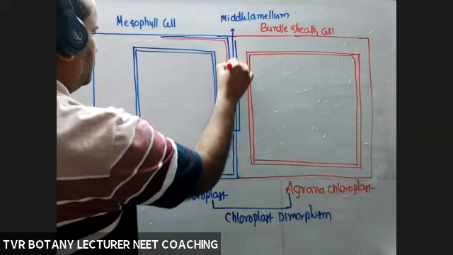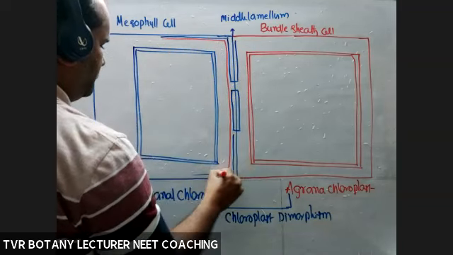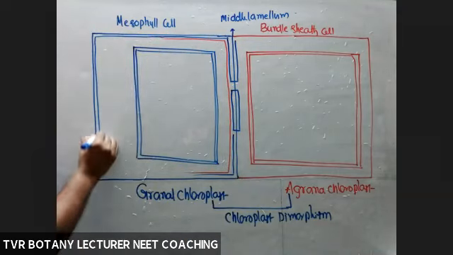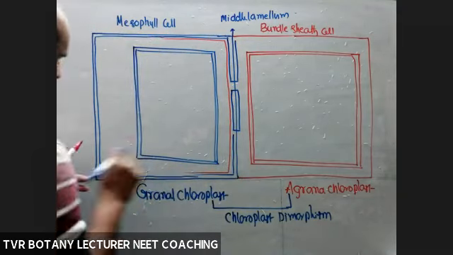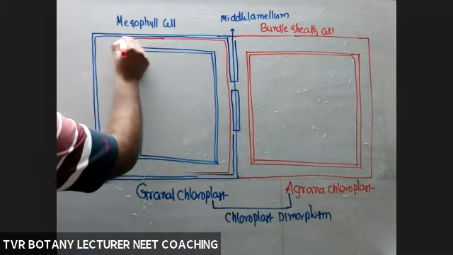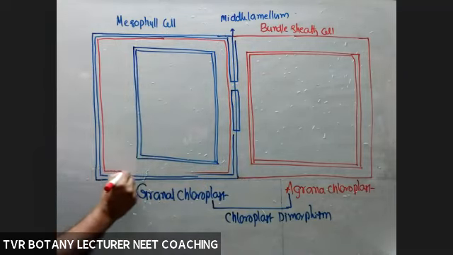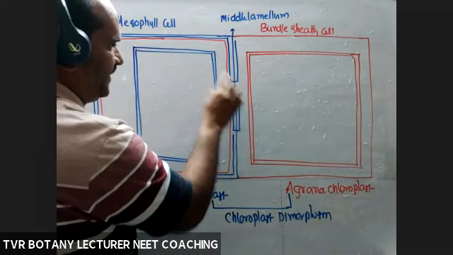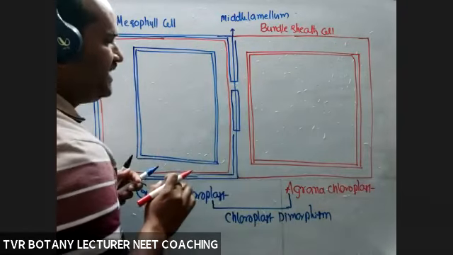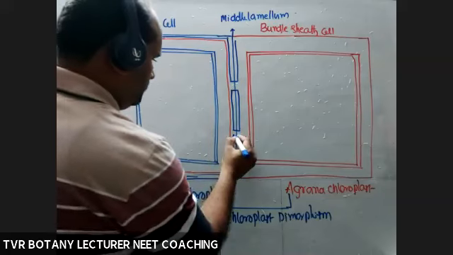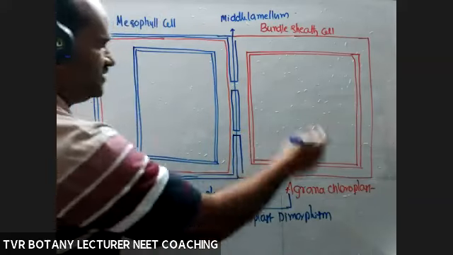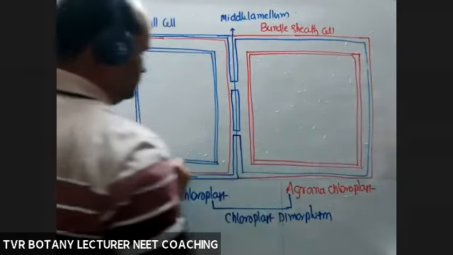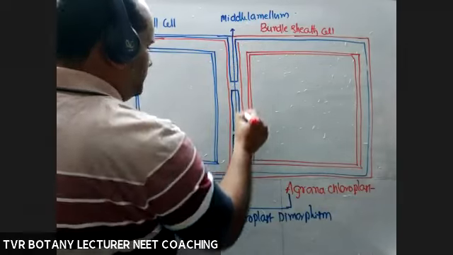Continue it. This one is a plasma membrane. So primary wall towards the inside of the middle lamella. And this one is the plasma membrane, cell membrane. So this is a thin area, pit. This area is called pit, thin area. And continue it. This side also, primary wall. Next, cell membrane.